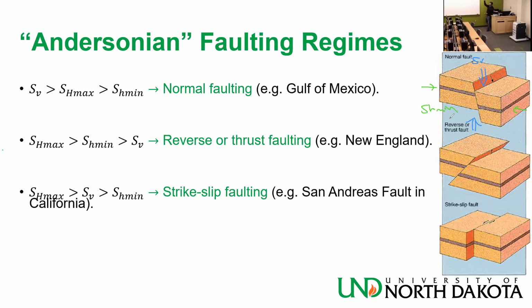So if the stress applied from the top is the heaviest, and the stress on the horizontal is the least, and then you have SH max in the middle, it doesn't really make a difference. Forget about that. It doesn't cause any motion. The motion is between the blue and the green. So the SV is stronger, the SH mean is the weaker.